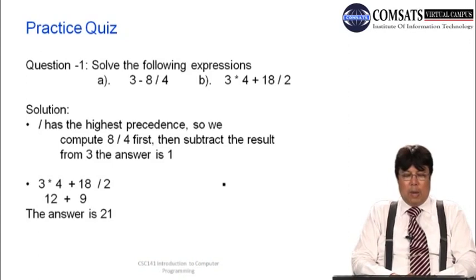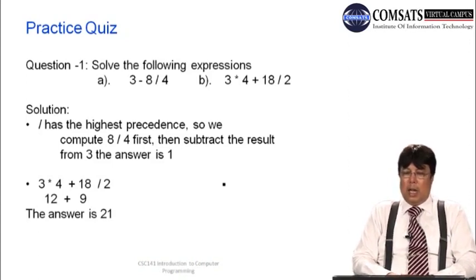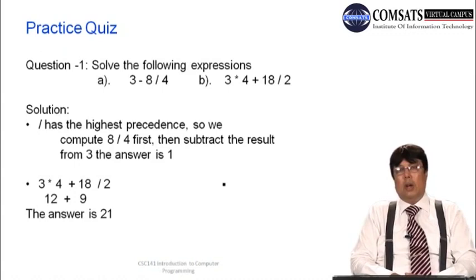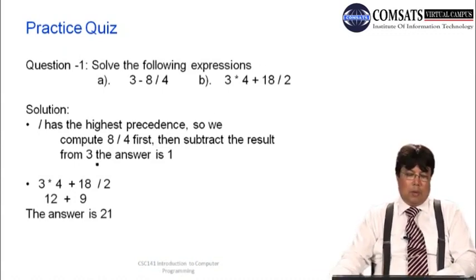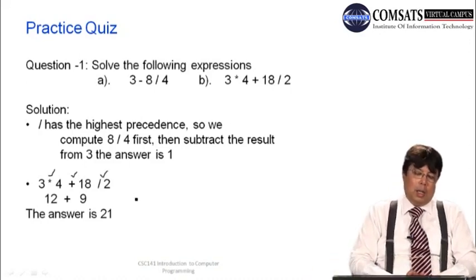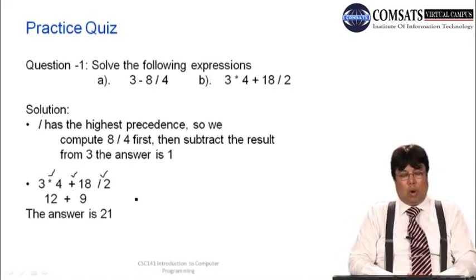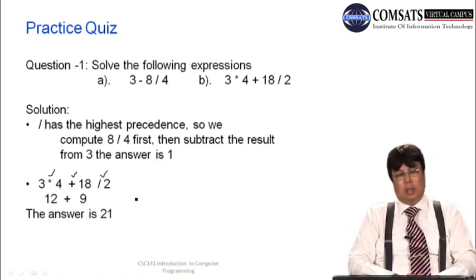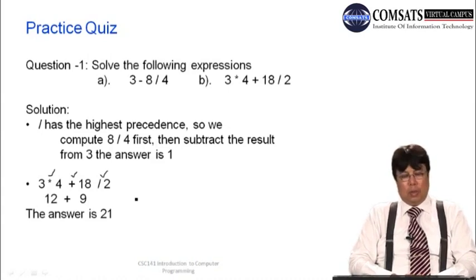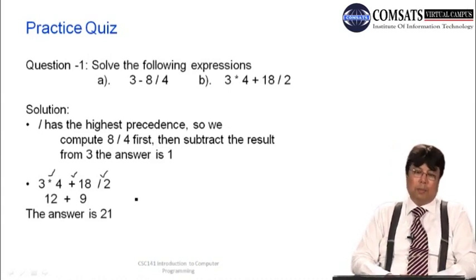Next, 3 multiplied by 4 plus 18 divided by 2. Now here you have got multiplication, addition and division. So start solving it from left to right. 3 multiplied by 4 plus 18. Obviously multiplication has higher precedence over plus, so 3 multiplied by 4 will be evaluated first, equal to 12.